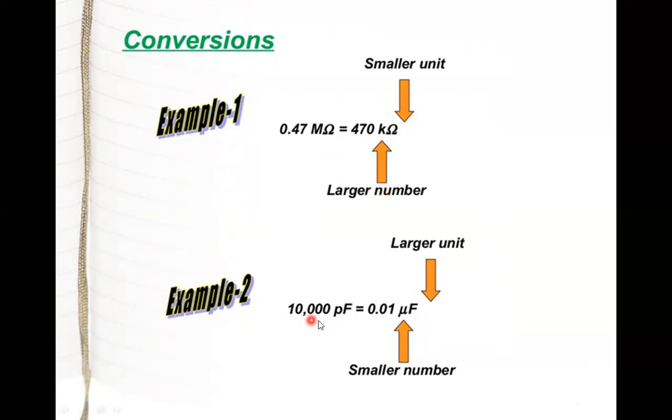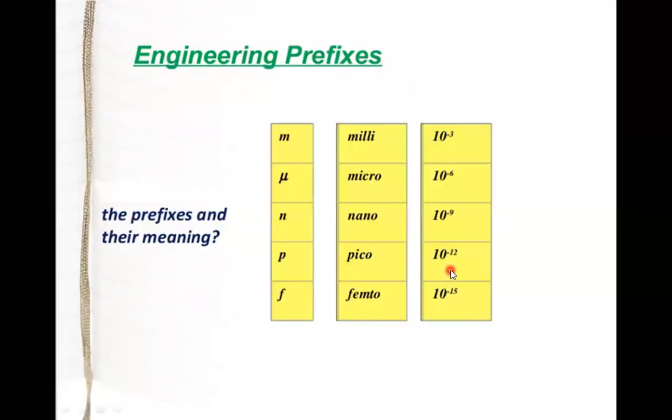If you take 10,000 picofarad and convert it into microfarad, the higher unit mega is converted to the lower kilo, whereas here the picofarad is lowest and is converted to a higher unit, microfarad, because picofarad is 10 to the power of minus 12 and micro is 10 to the power of minus 6.